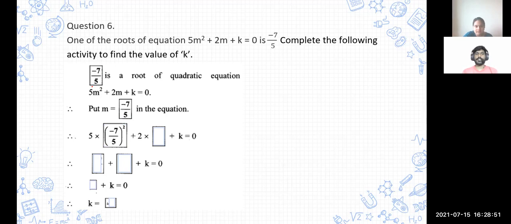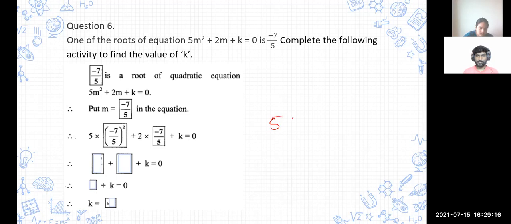Here it will be minus 7 upon 5 whole bracket square. This square is given in the textbook, you just have to write minus 7 upon 5. In the next step, you have to square and multiply it.